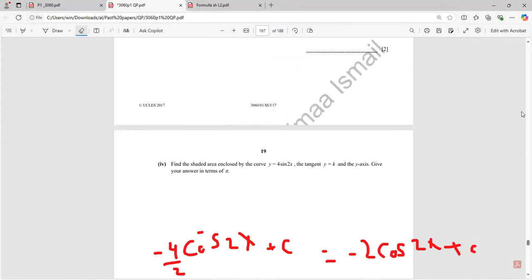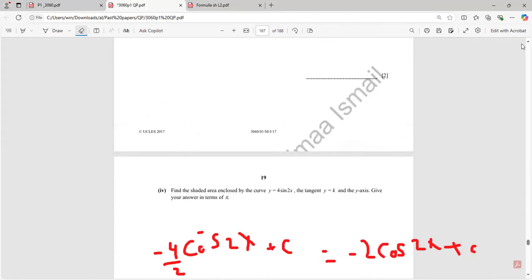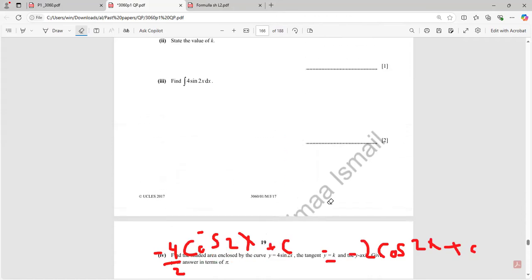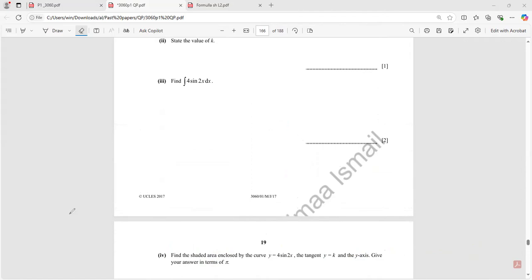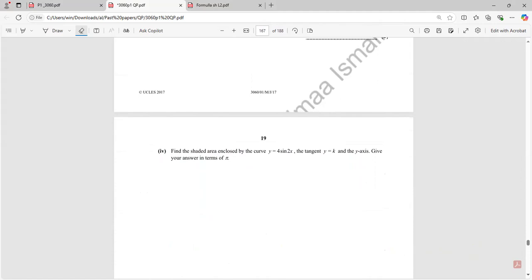For sure it will be completed with the shaded area, the area under the curve. We already have the integral, and we did it. Let's see the next. He asks for the shaded area enclosed by the curve and so on.